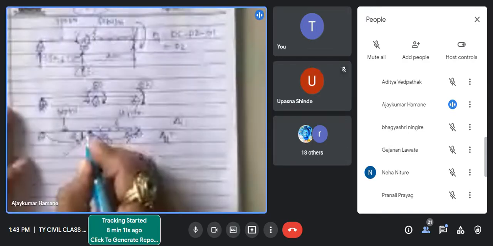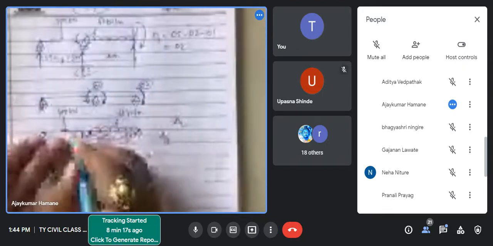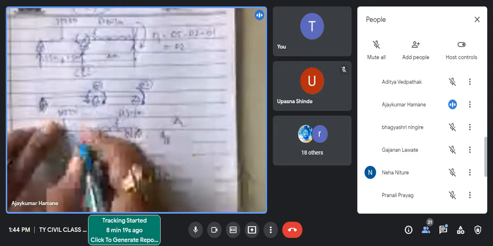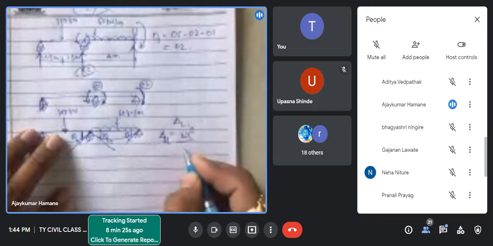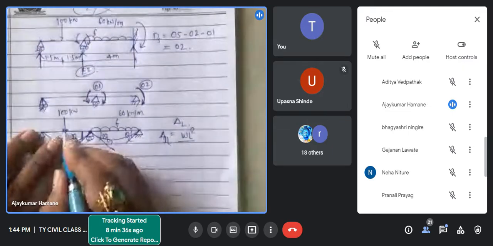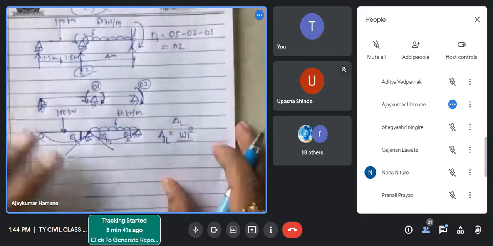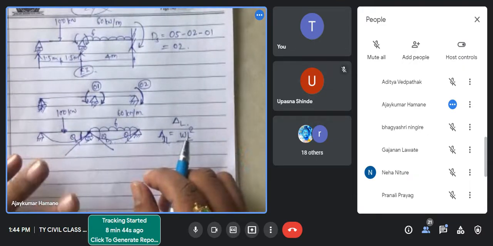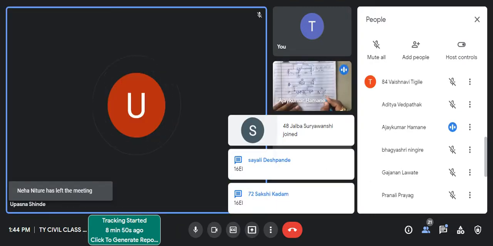Correct. So displacement at coordinate 1. Coordinate 1 we have like this. So what is the displacement due to the point load at center? What is the slope? WL square upon 16 EI.